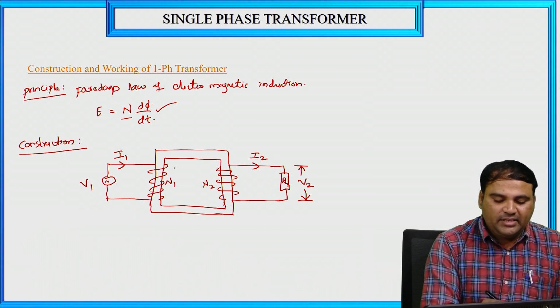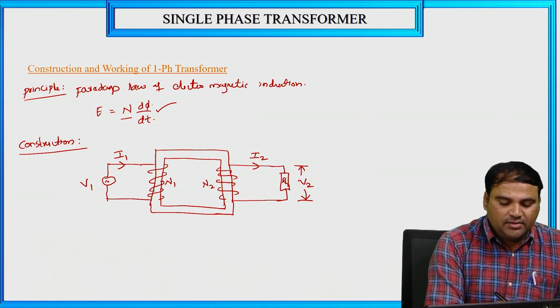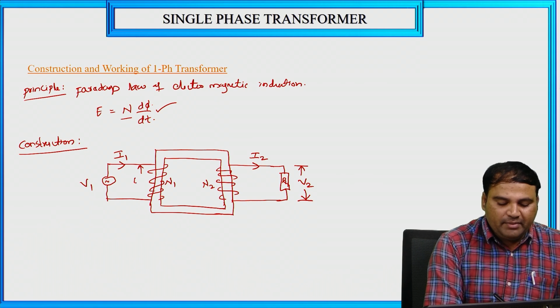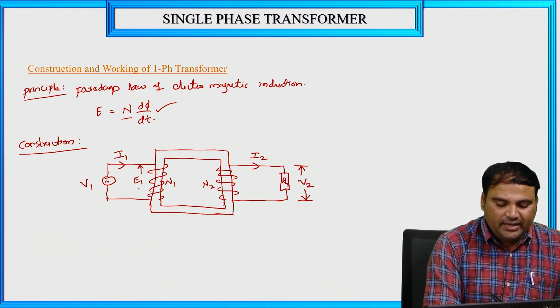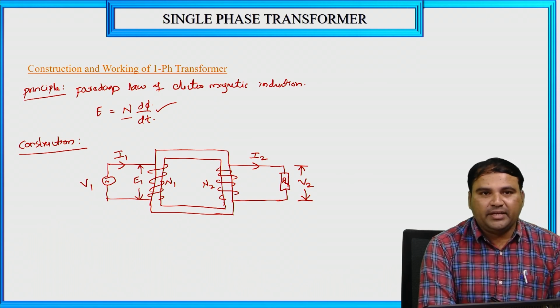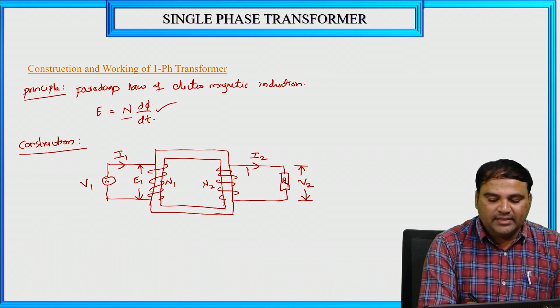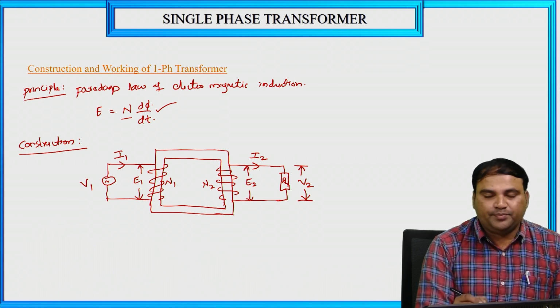Similarly, the primary winding has an induced EMF represented by E1, that is the primary induced EMF, and the secondary induced EMF is E2.